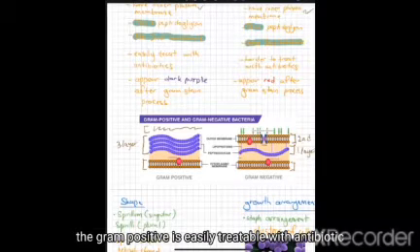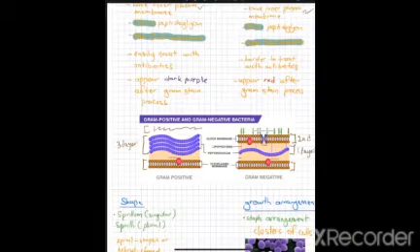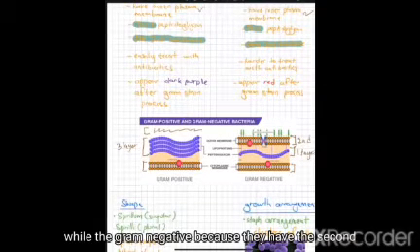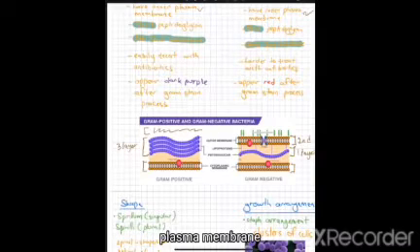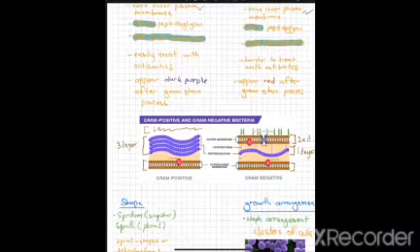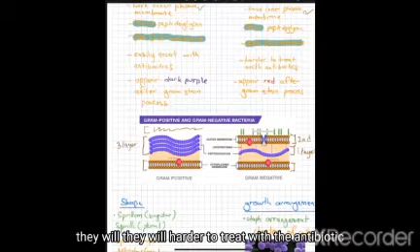The gram positive is easily treatable with antibiotic, while the gram negative, because they have the second plasma membrane, is harder to treat with the antibiotic.